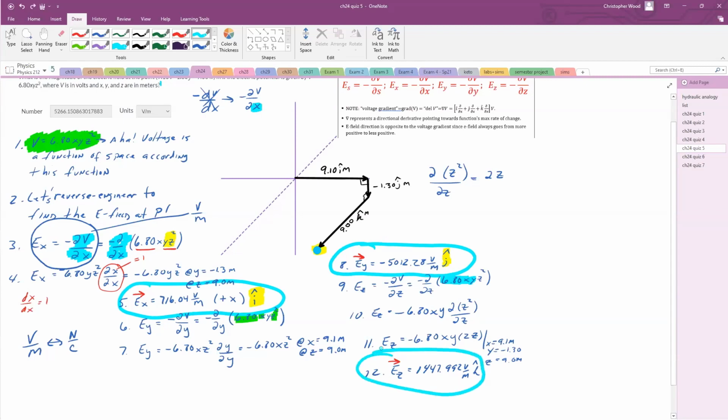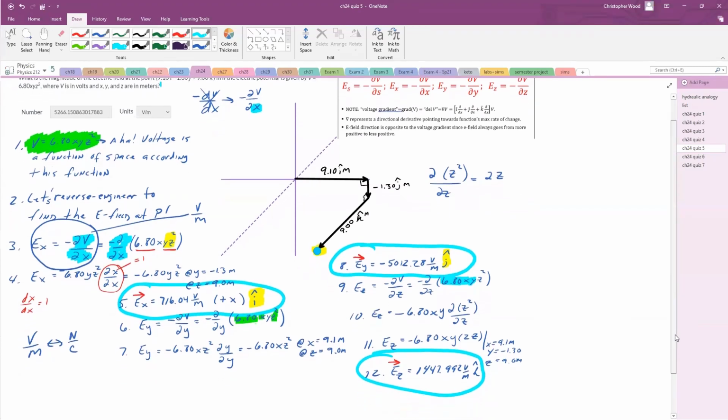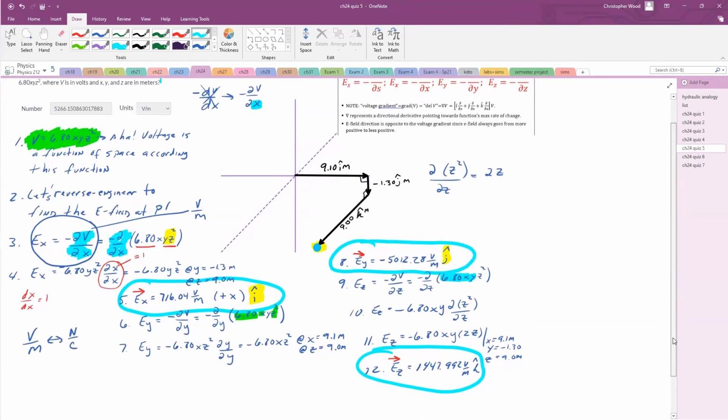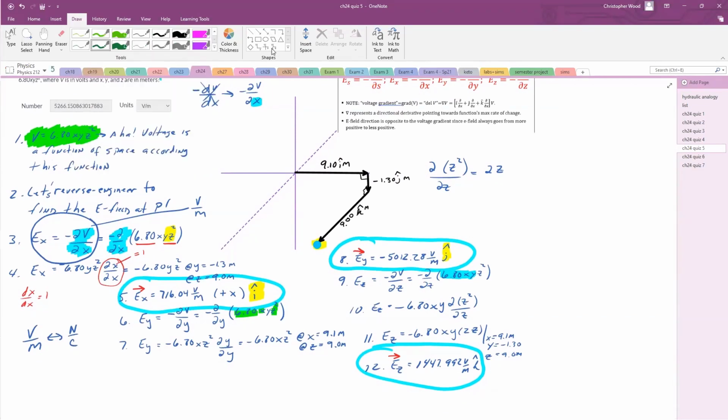The problem asks, though, what's the magnitude? So they're not going to care about the net direction. They're only going to care about the magnitude. So I just have to do Pythagorean theorem. If I just do a little auxiliary coordinate system here. All right, this is what I ended up with. Here's my X component. My X component is 716 and some change.